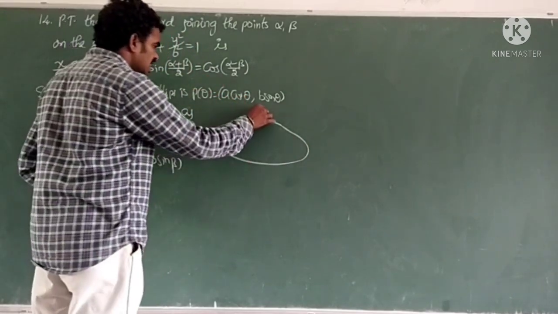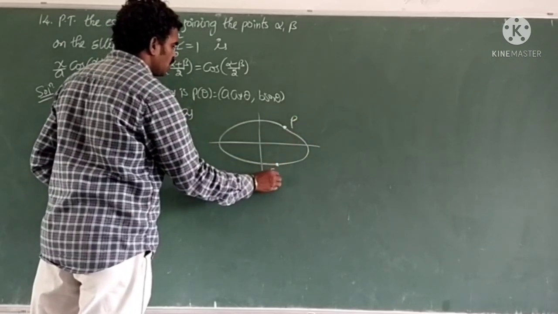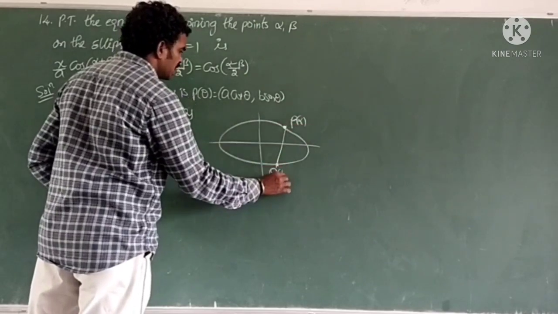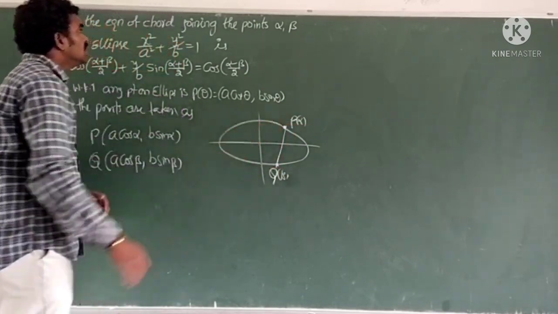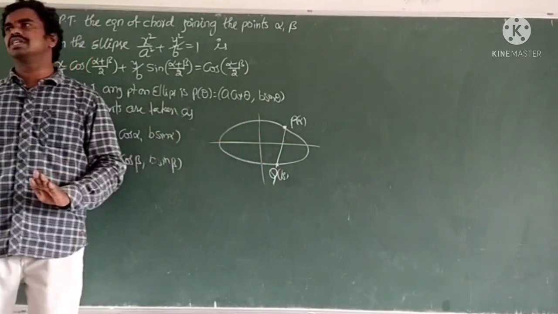So if it is an ellipse, suppose this is p and this is q, so this is a chord. This is in terms of alpha, this in terms of beta, so 2 points are there. We just have to find the line equation passing through pq, that's it.